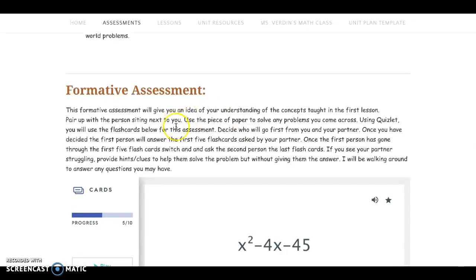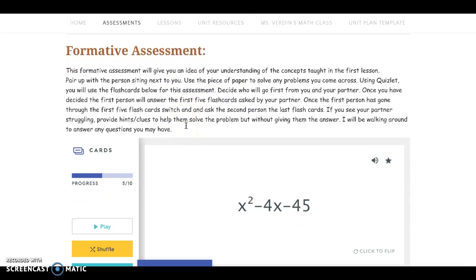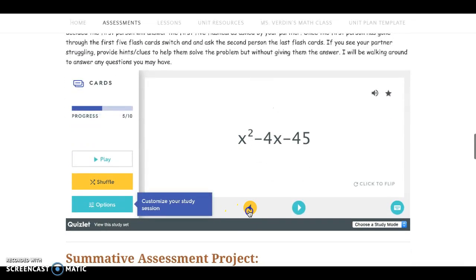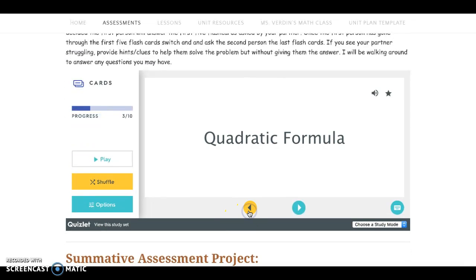So the formative assessment is just a Quizlet flashcard game, which I mentioned above. Here the students will pair up with someone at their table and they would test each other. The first student would do the first 5 flashcards and then the second student would do the other 5 flashcards.